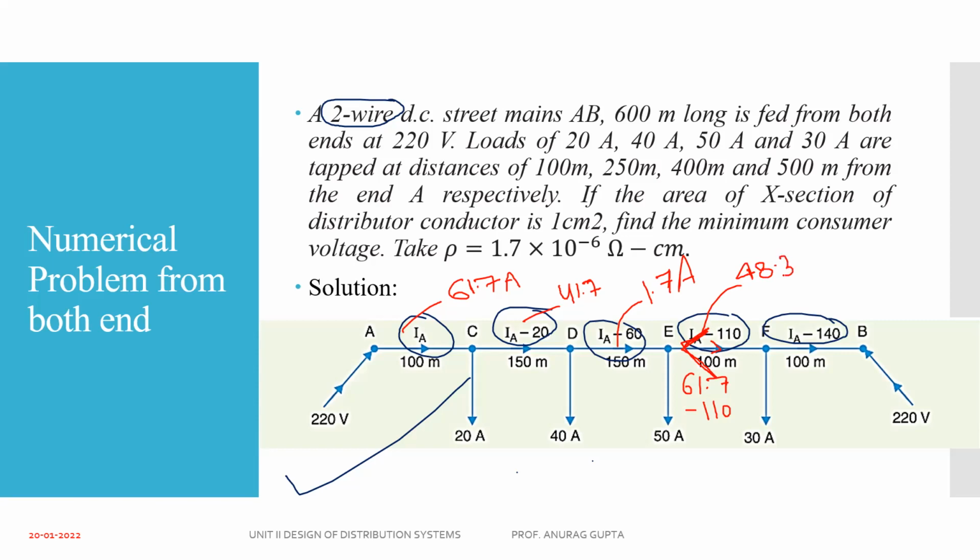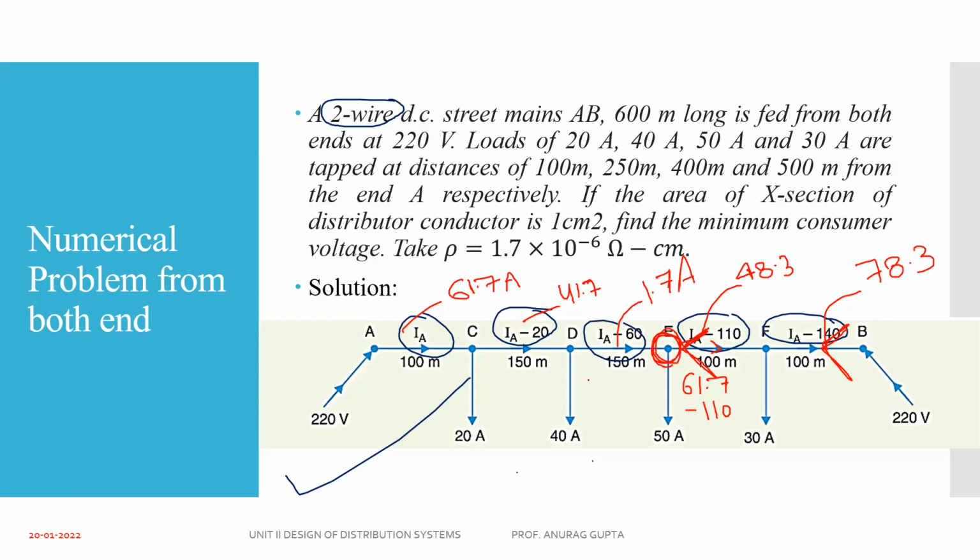Similarly, for the next one, if I go for IA minus 140, that is 61.7 minus 140, again we get a minus value. So ultimately the current will be in this direction, and the value will be equal to 78.3 ampere.